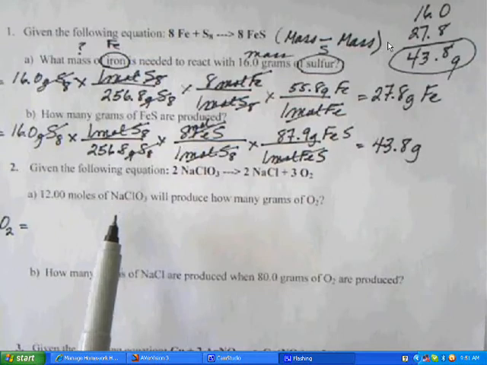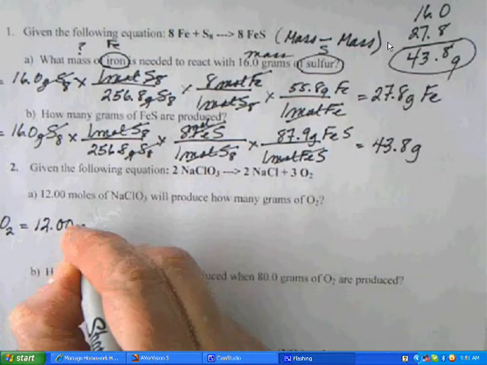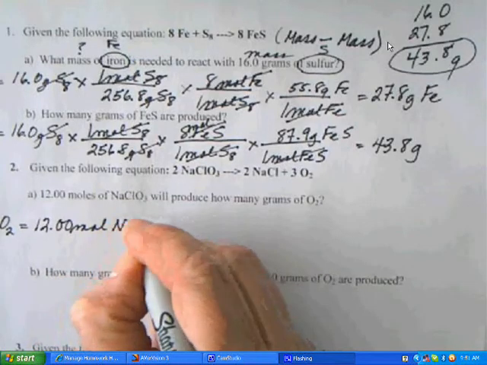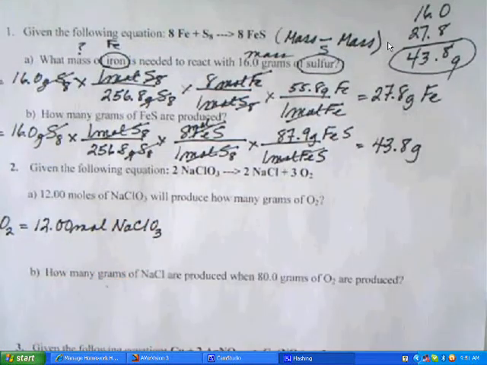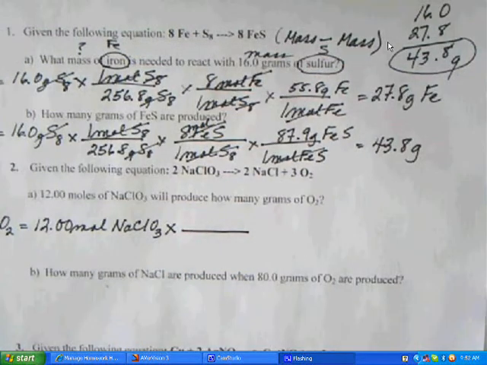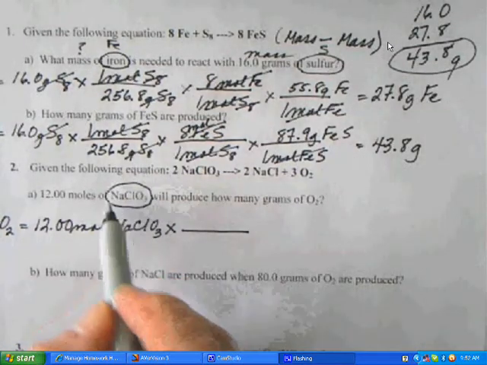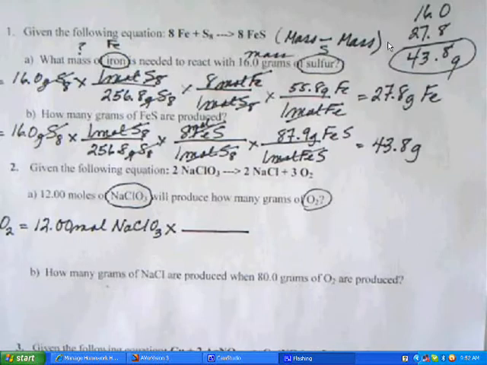So, yes, 2 moles of the sodium chlorate and 3 moles of the oxygen. Everybody see that? Because there's the 3 moles of oxygen and there's the 2 moles of the sodium chlorate. Now, that sodium chlorate is gone.